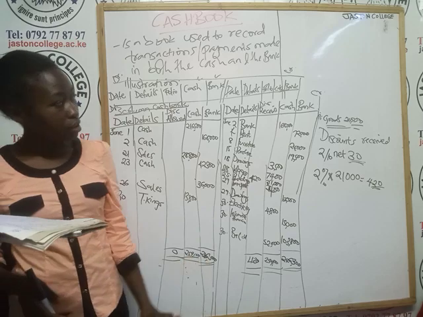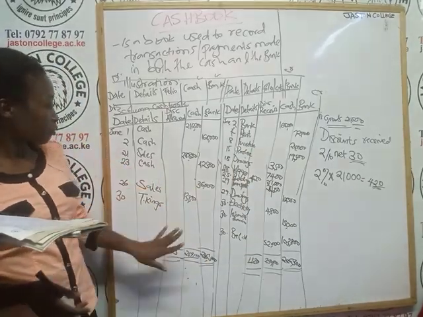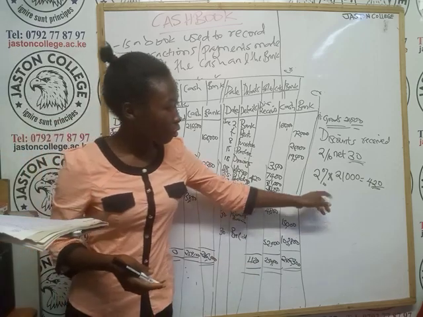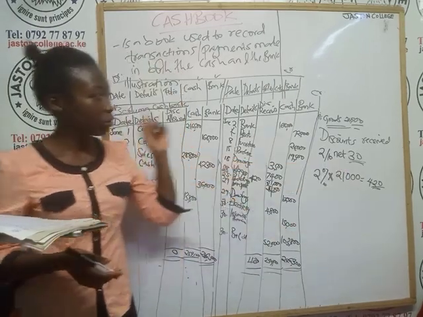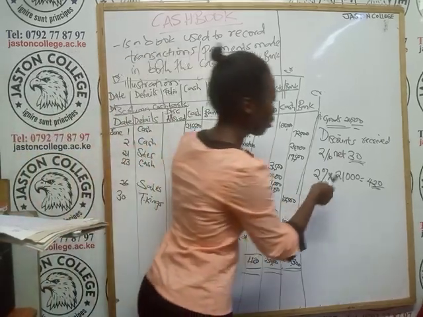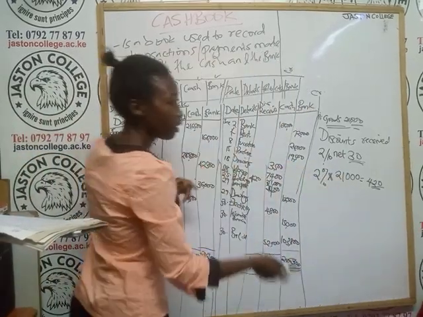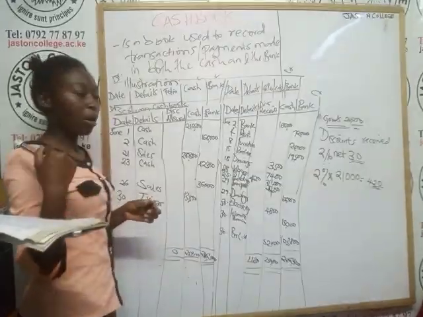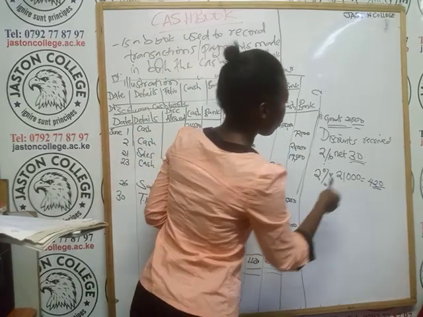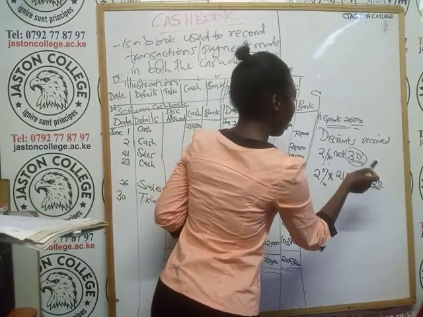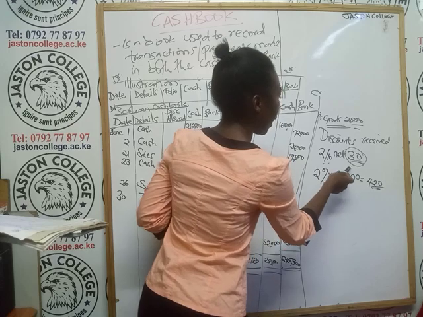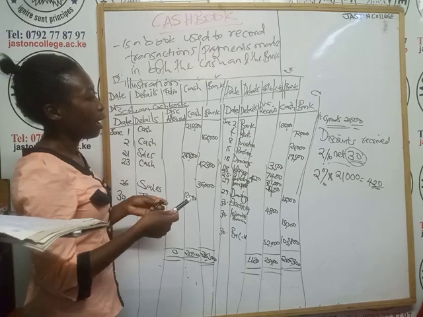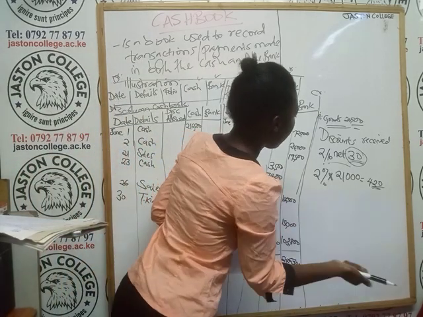So my good students, that comes to the end of our lesson today on cash book. And note that the discounts should always be on your mind. When you're given the discounts received or the discount allowed as 2/10 net 30, at the back of your mind you should know that this is within 30 days, before the 30 days are over, the end of the month.